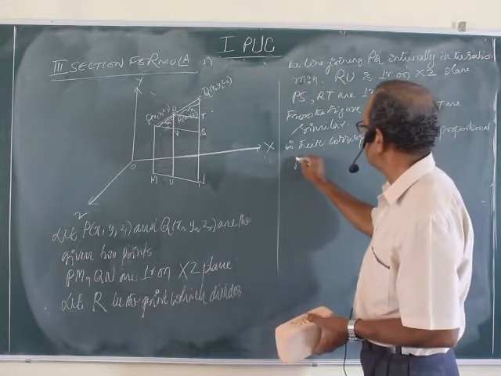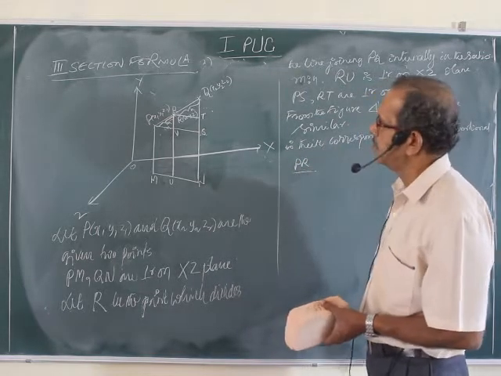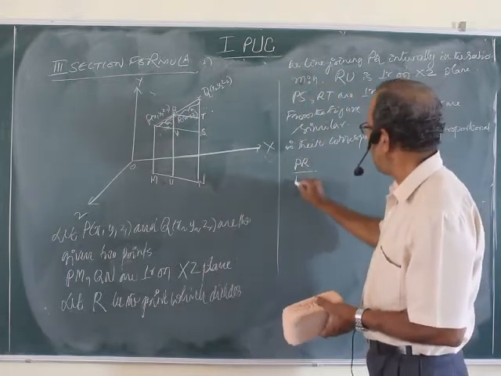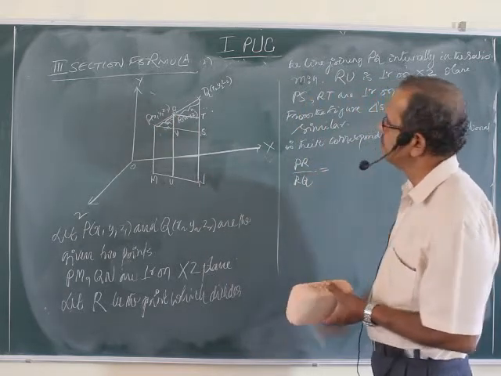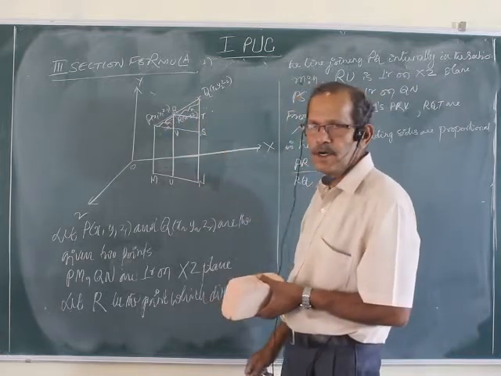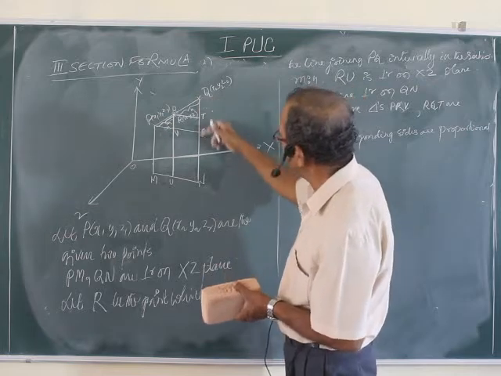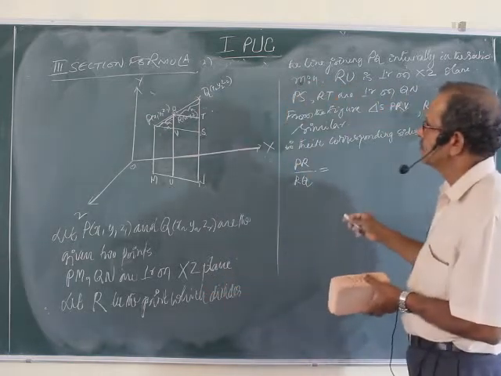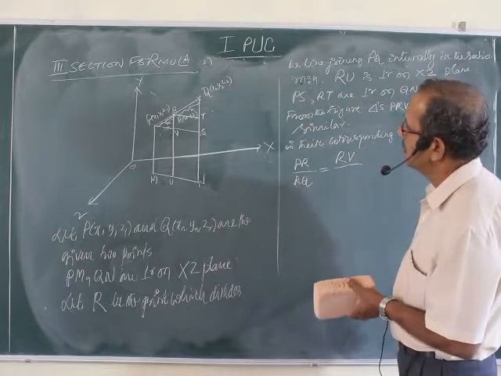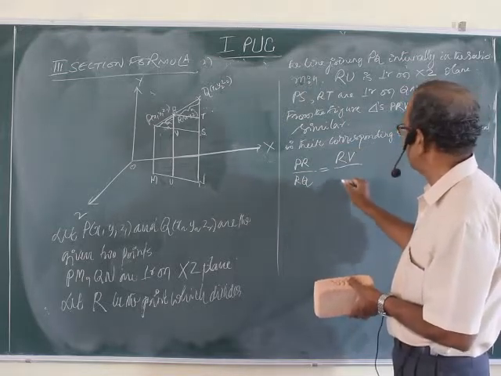First triangle PR divided by RQ in the next triangle should be equal to PR divided by RQ equal to, let me take this side, smaller triangle is RV by the corresponding side in the bigger triangle, which is QT.